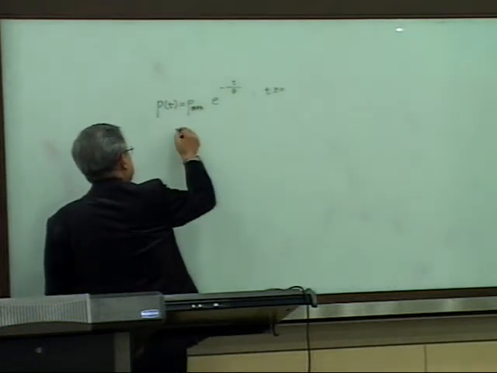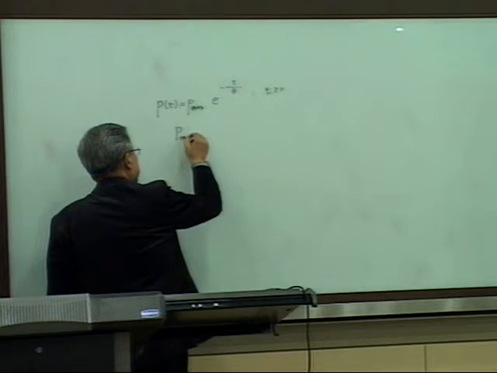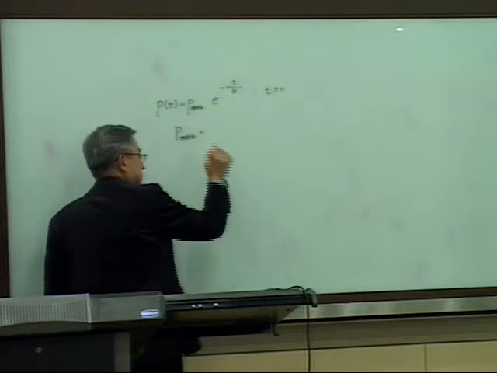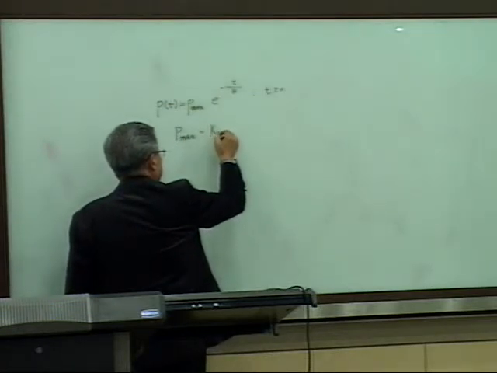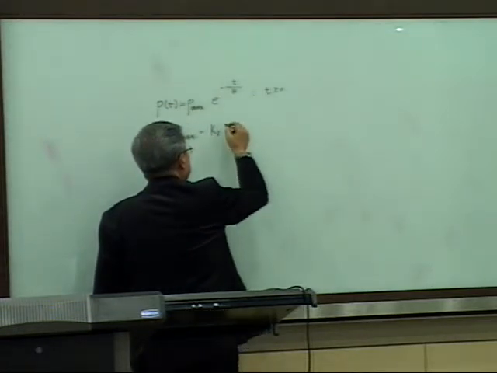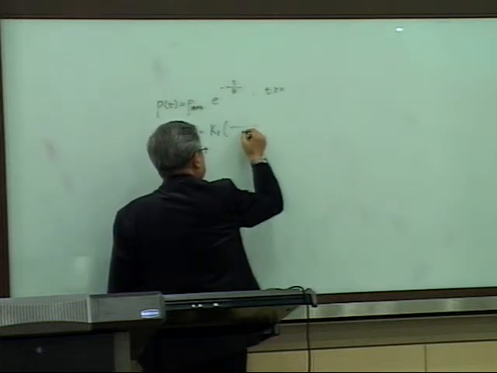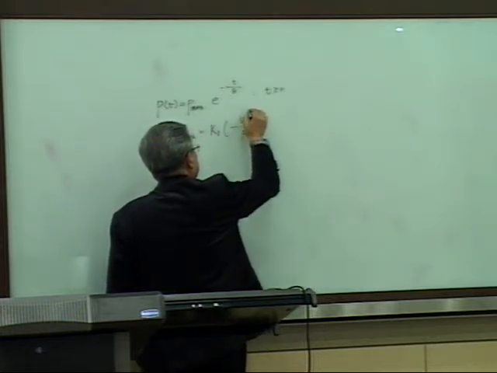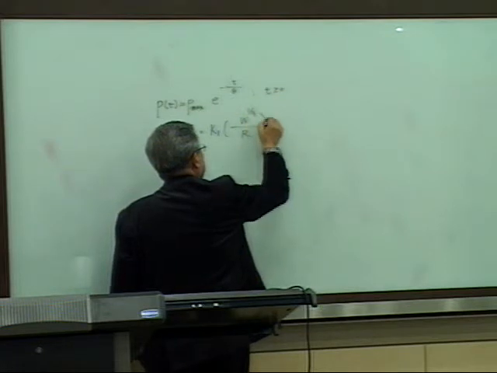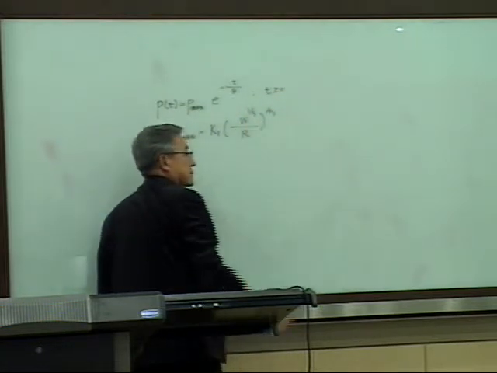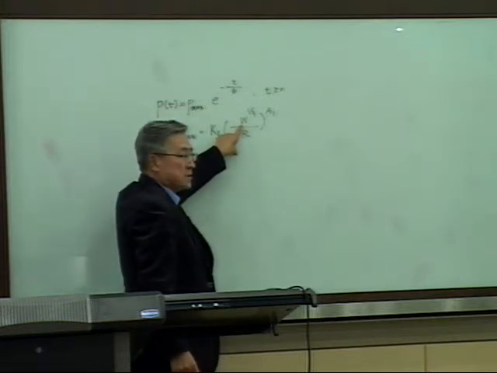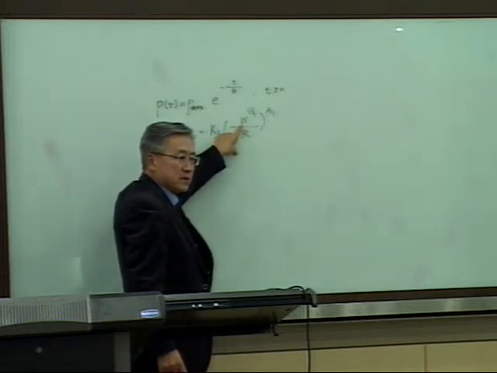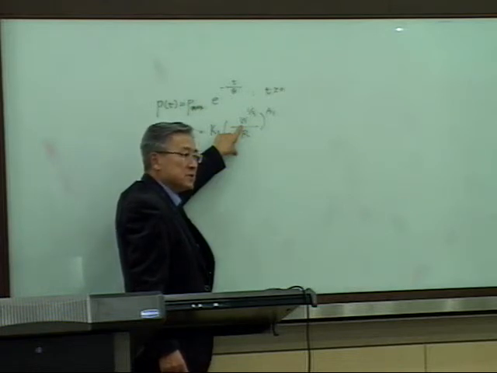Then P max is equal to empirical relationships over there, parameter K1 over R over W 1/3 to the A1. Over here, W is charge weight equivalent to TNT, remember.